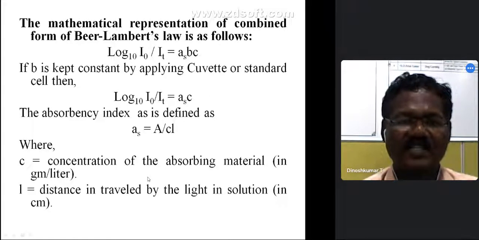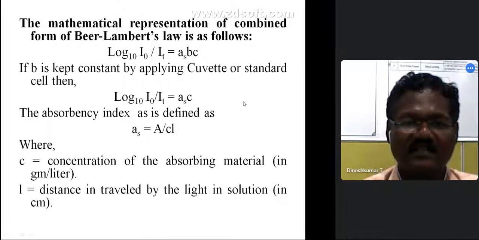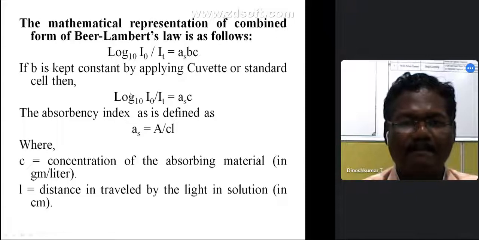Here is some of the mathematical representation used in the Beer-Lambert law. Log10 I naught by IT equal to AS into BC.